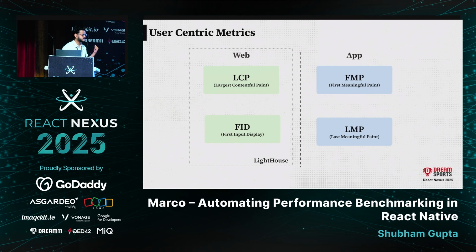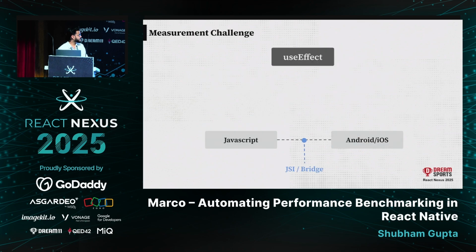But there is a problem. How do we actually measure these metrics in a fully React Native app? Let's see what React Native offers. There is a very famous lifecycle hook called useEffect, which we often use, and there was a question on that as well, just before this talk in the quiz.